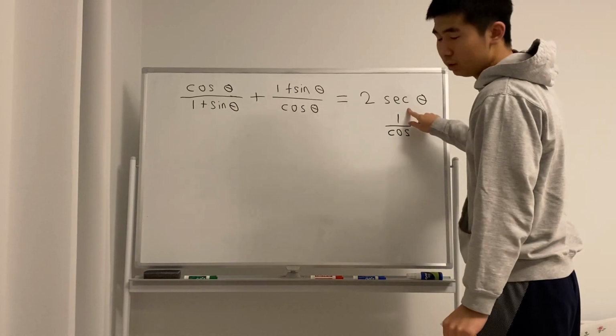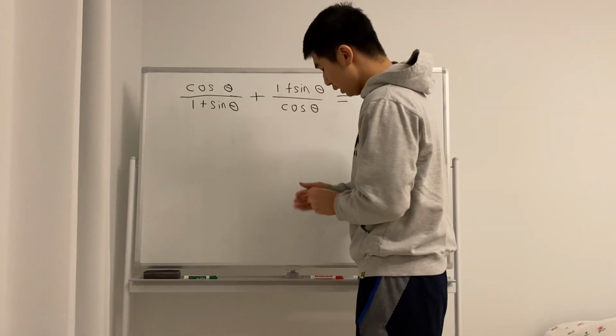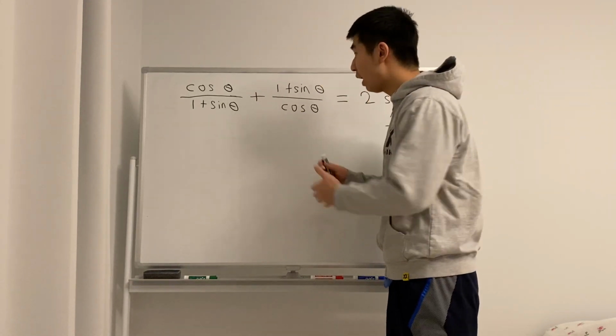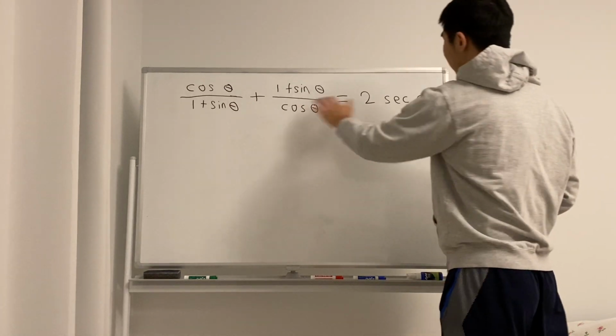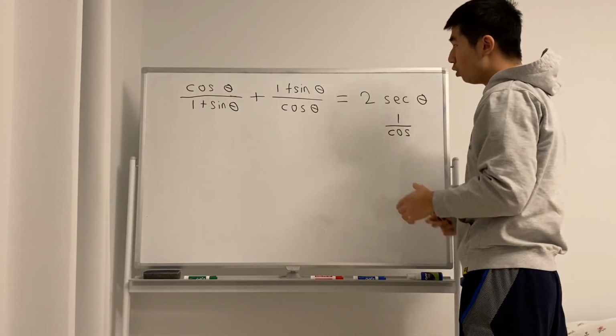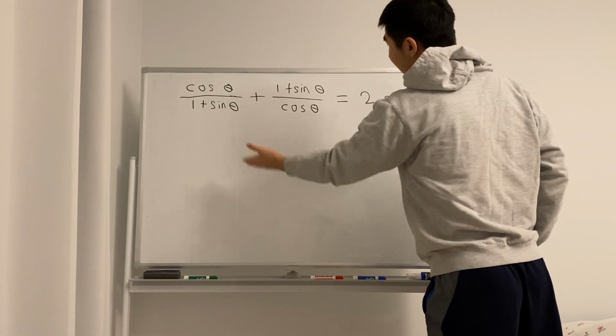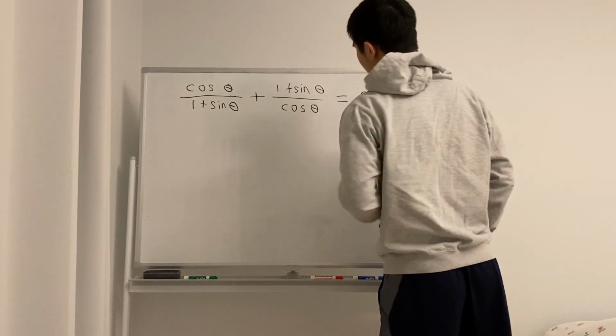Cos is the reciprocal of secant. So when I simplify the left side, I want to try to eliminate all the signs in the left side so that I can make it equal to this side, because this is the same thing as 1 over cos. So while I simplify the left side, I want to keep in mind that I'm trying to get rid of these sine functions, okay?